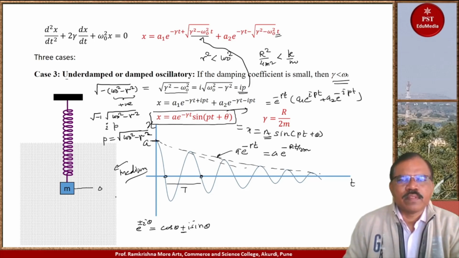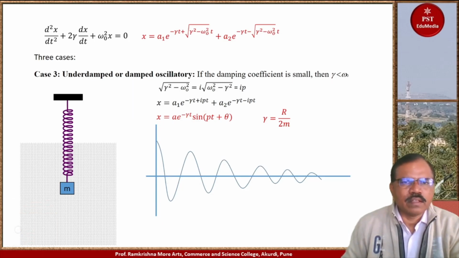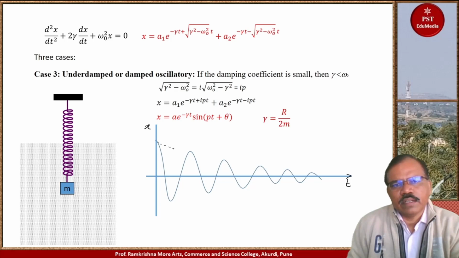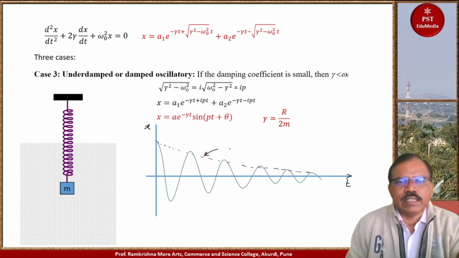So in the x versus t graph, the amplitude decreases exponentially. The amplitude is a e raised to minus gamma t, or a e raised to minus rt upon 2m.